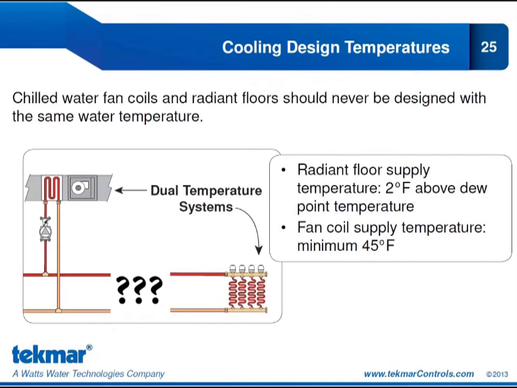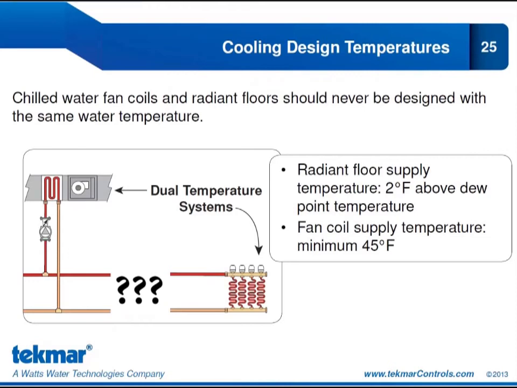Now, just like when we're talking about heating, when we talk about radiant floor cooling and forced air cooling, these are dual temperature systems, and they should not be designed to have the same water temperature. Now, the fan coil supply temperature, like we just said, is a minimum of 45 degrees Fahrenheit.